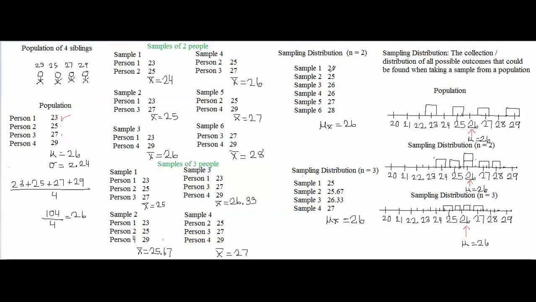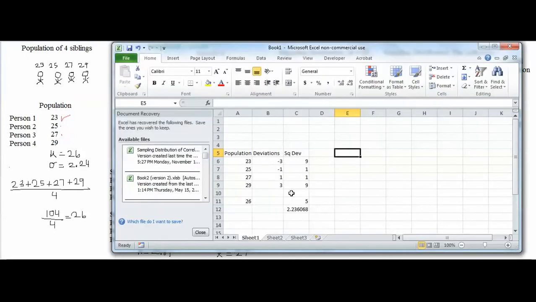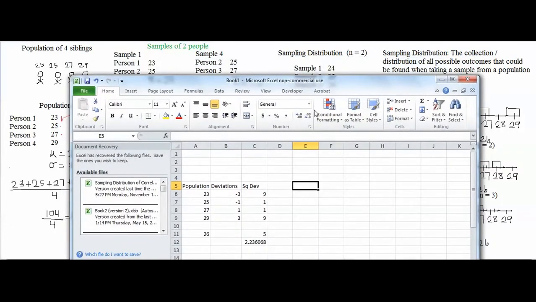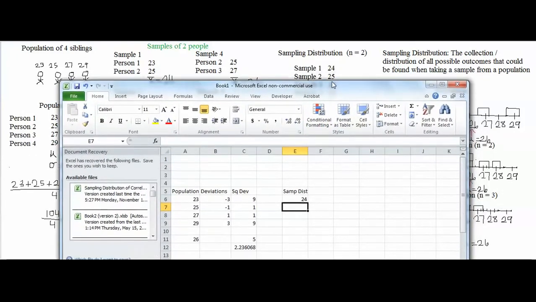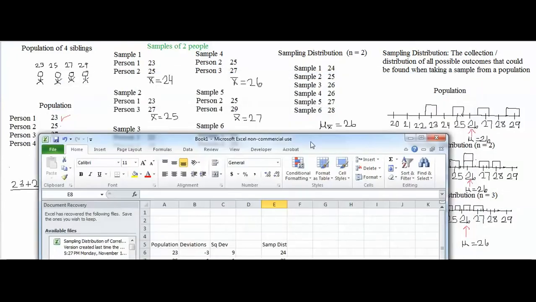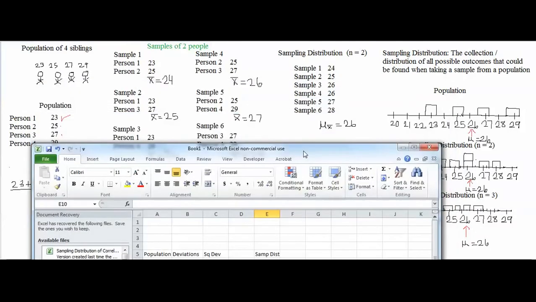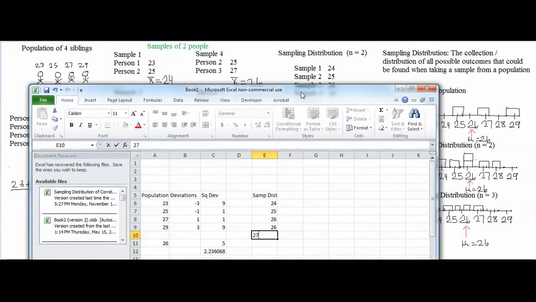Now let's find the standard deviation of these numbers right here in this sampling distribution. We have 24, 25, 2 26s, 27, and 28.